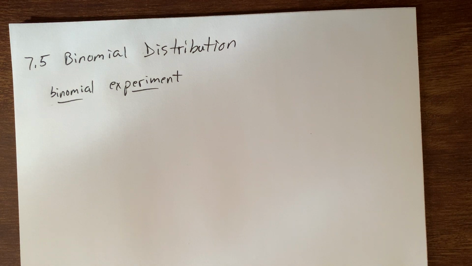Number two, each trial results in only one of two possible outcomes, and we will classify those outcomes as one being success and the other being failure. Number three, the outcomes of all the different trials are independent, meaning every trial that we run, the probabilities of having success or failure remains exactly the same.